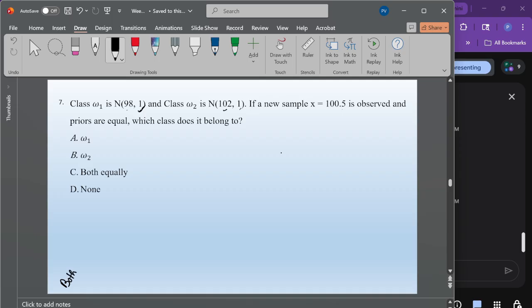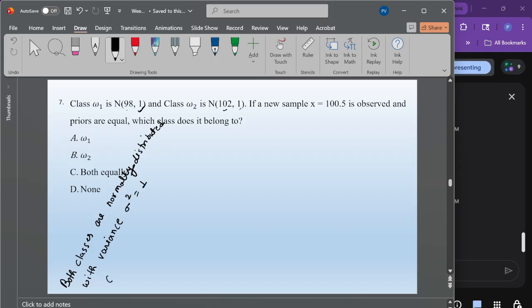In the question, both classes are normally distributed with variance, that is sigma square is 1, right?